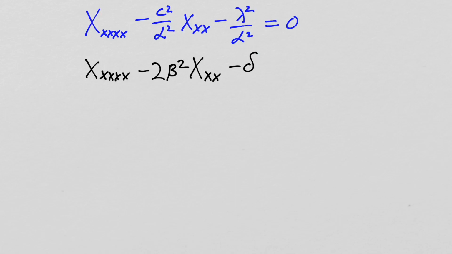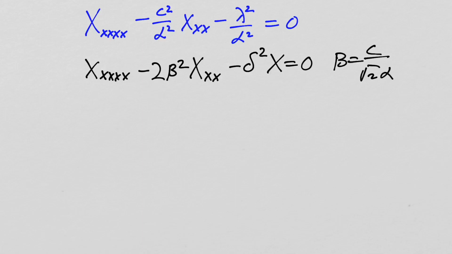And then this we'll call just delta squared x equals 0, right? And obviously beta is going to be defined as c over the square root of 2 alpha, right? So beta squared equals c squared over alpha squared, 1/2 of that, and that's where this factor of 2 comes in, right? This factor of 2 right here.